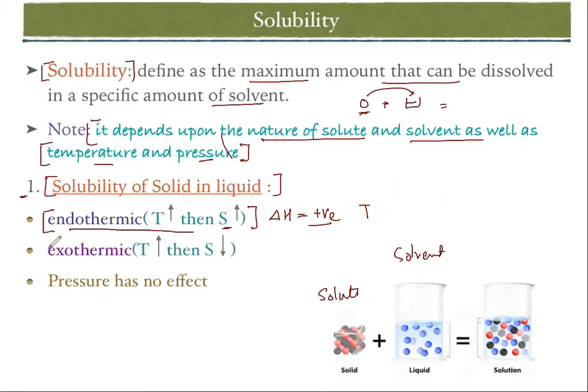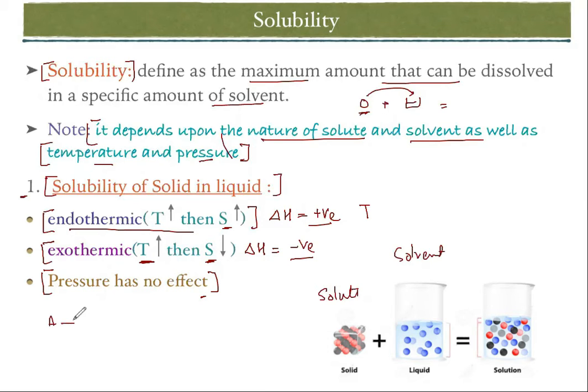Next case, if the solution process is exothermic in nature, for exothermic we know that delta H is negative. So an increase in temperature decreases solubility. Next, pressure. Pressure has no effect in this case. We can relate these two cases with the equilibrium concept.